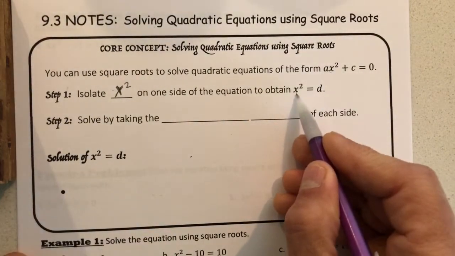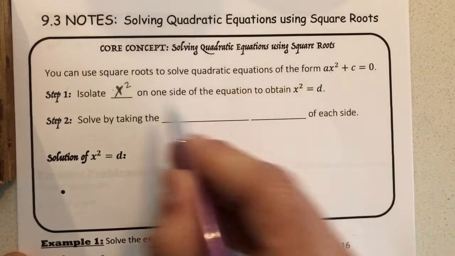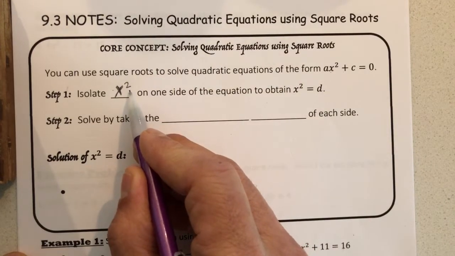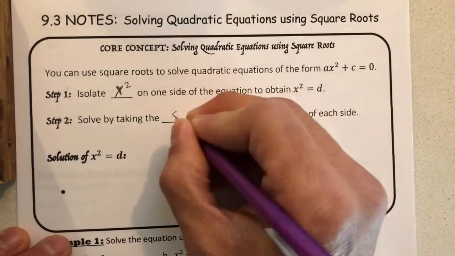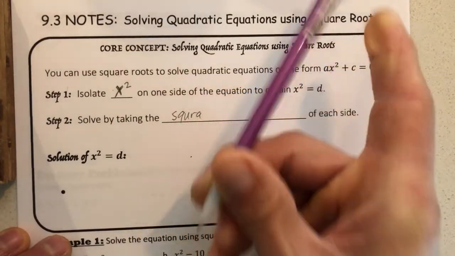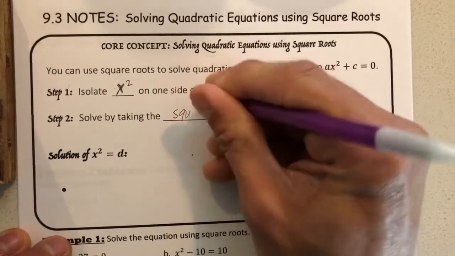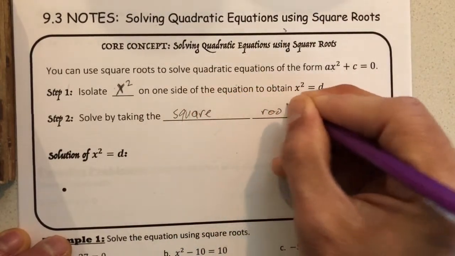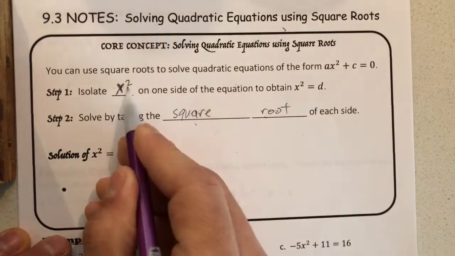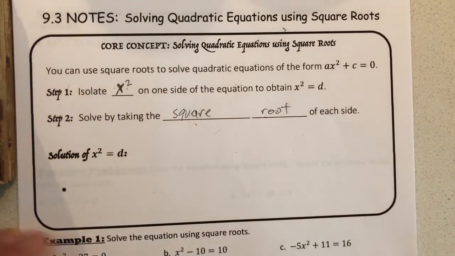So you'd have x squared equals a number. And then we undo the squared the same way we always undo things, by doing the opposite. So we take the square root. The square root is the opposite of a squared. And that's it. So let me show you some examples.